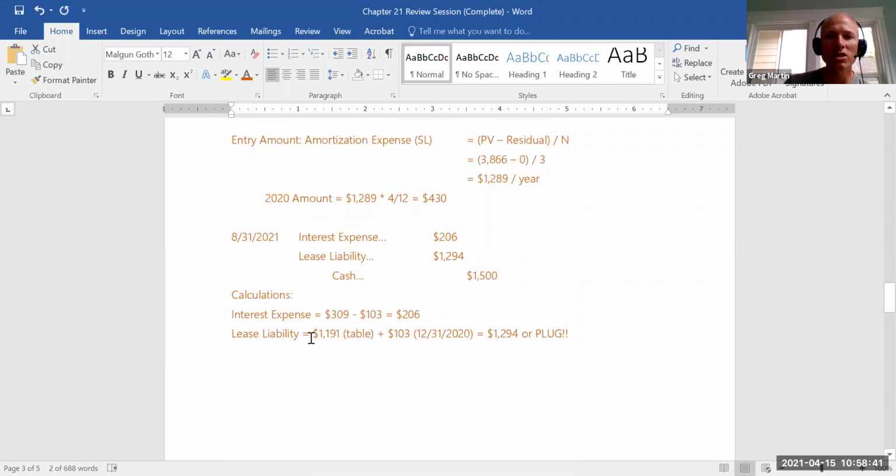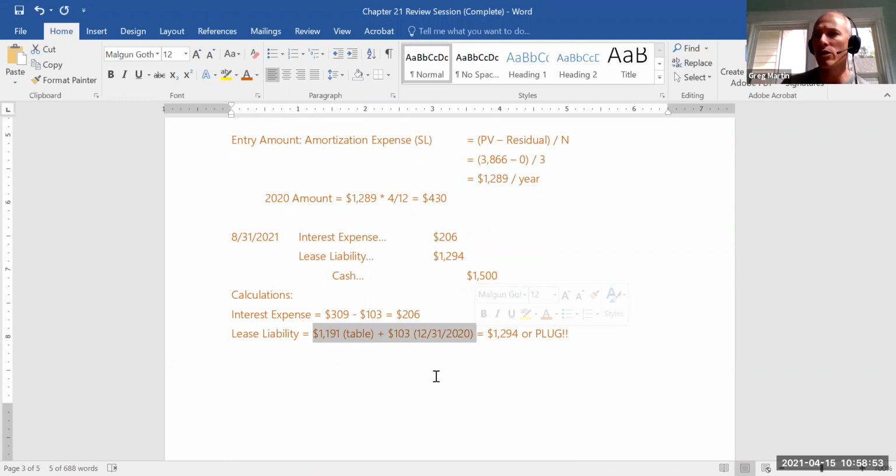When we debited the lease liability account up here, I said there were two things we needed to think about. We needed to think about the table, and we needed to think about any amounts that had been accrued to the lease liability before the payment. Two things: the table amount and anything that accrued to it beforehand.